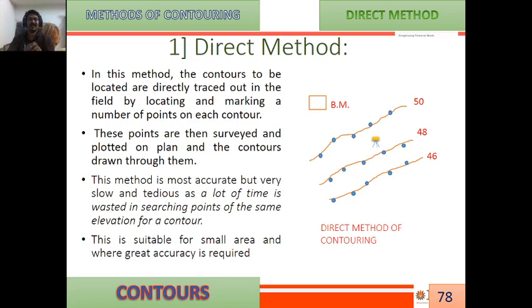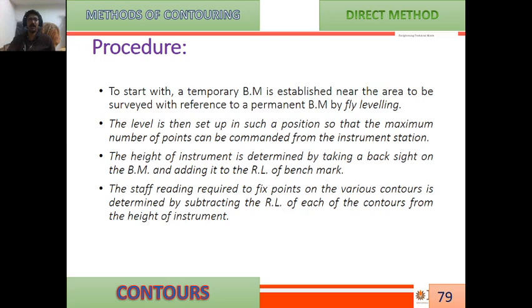So it is tedious, but the result is more accurate. If such points are marked or pegged, and if you join those points, that line has the same elevation. Similarly for 48, similarly for 46, similarly for various numbers. So this is the procedure adopted.